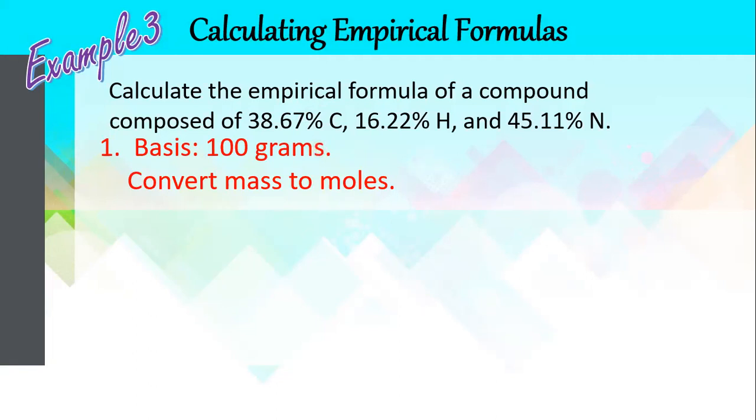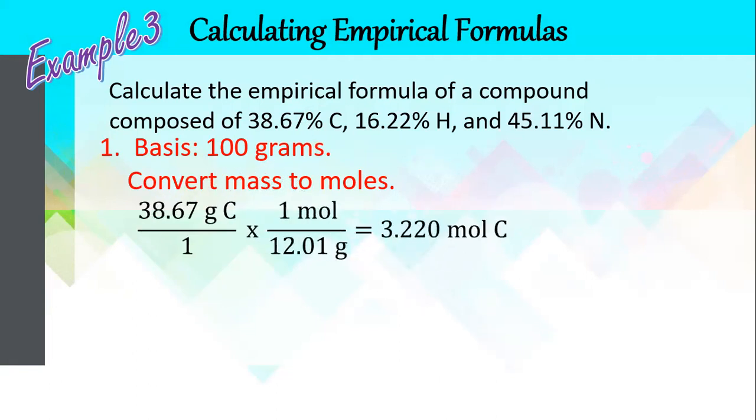So let's convert all the mass to moles. We have 38.67 grams of carbon divided by its atomic mass, 12.01 grams per mole. Cancel out the grams, and it leaves us with 3.220 mole of carbon.